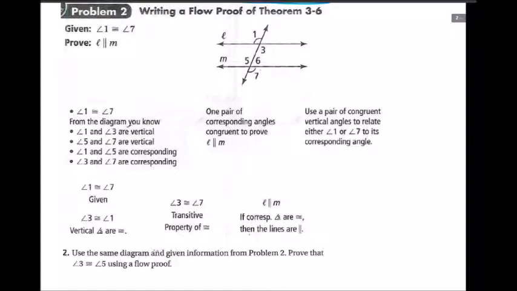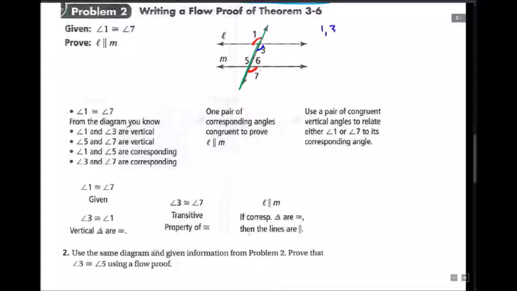This is the proof of the converse of the alternate exterior angle theorem. We are given that angle 1 is congruent to angle 7. There they are. And I see two lines that are cut by a transversal, so I'm going to mark my transversal. And what else do we see here? You know what?